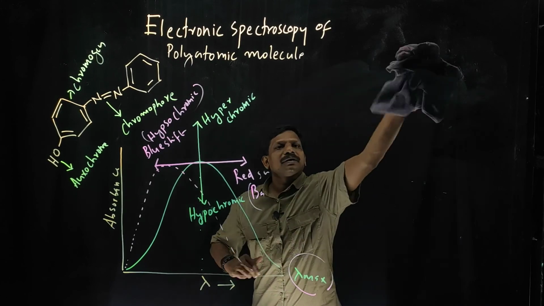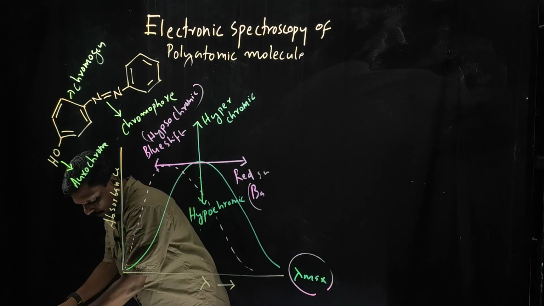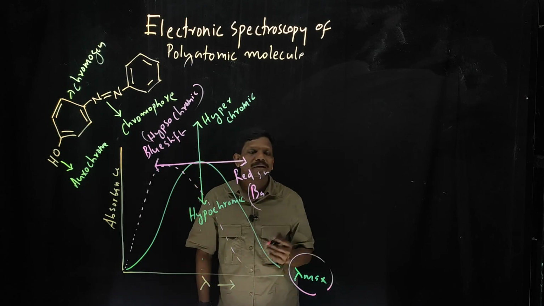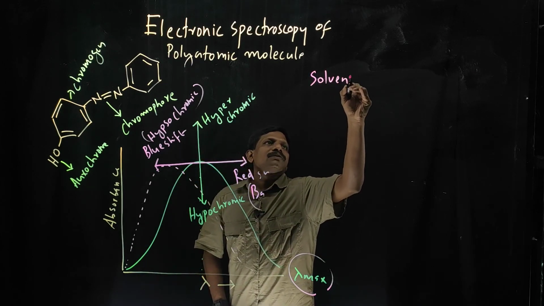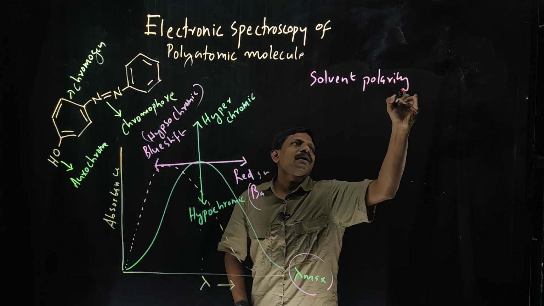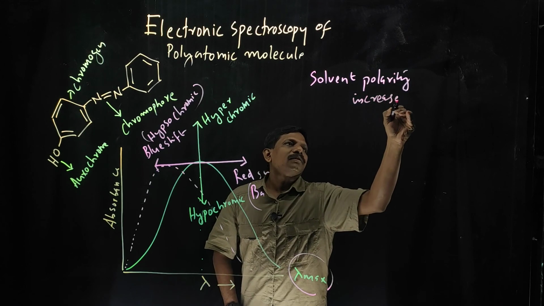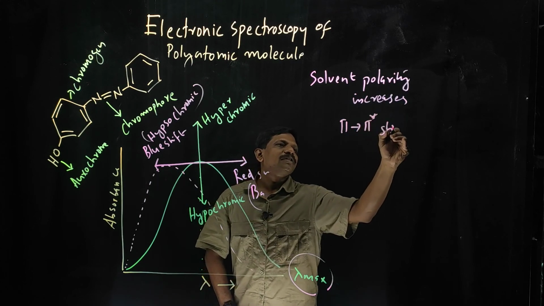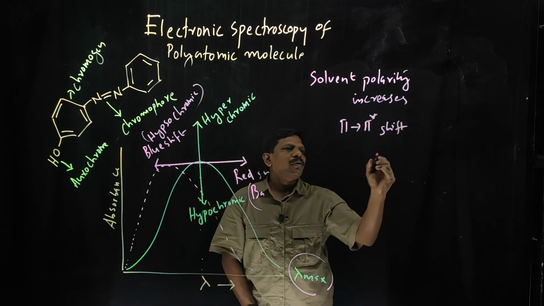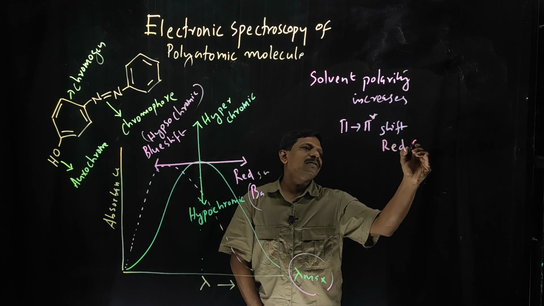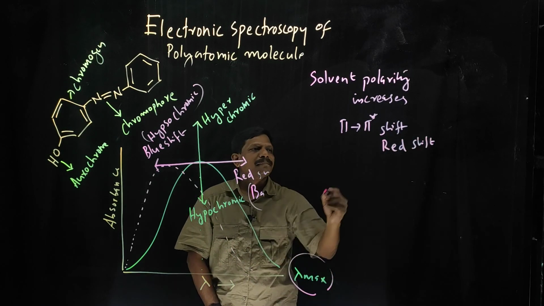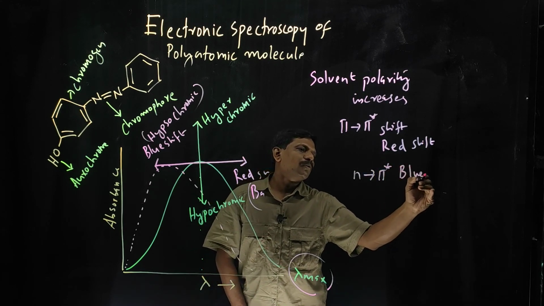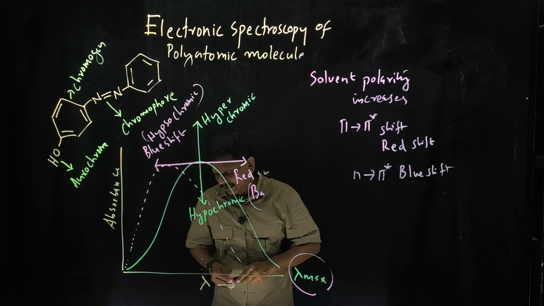Briefly, when the solvent polarity increases, your pi to pi star transition shifts to longer lambda maximum, that means a red shift, and your n to pi star transition will go to blue shift. These are some examples of the effect of solvent.